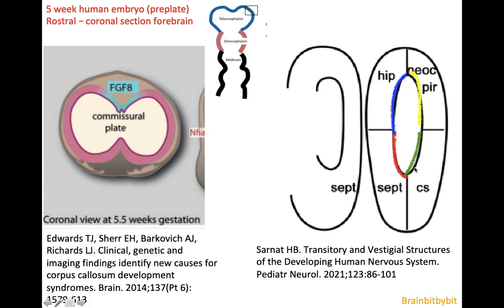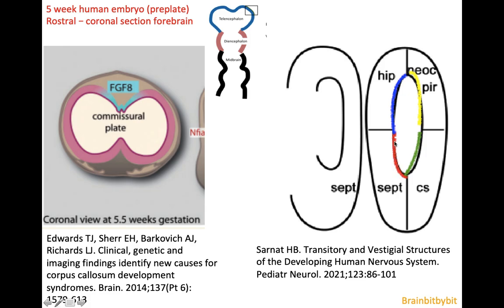So to start with the easy part, in the ventrolateral quadrant, there's the ganglionic eminence overlying the striate, which is going to give rise to the GABAergic neurons. Then there's the ventromedial quadrant, and that's where the septal nuclei are.